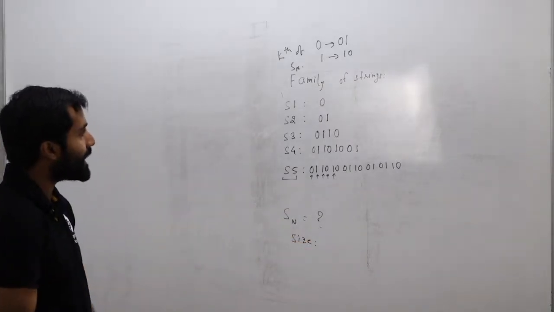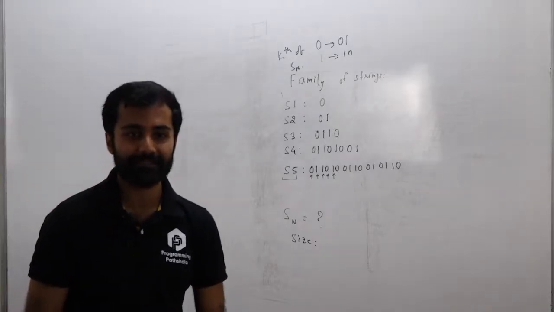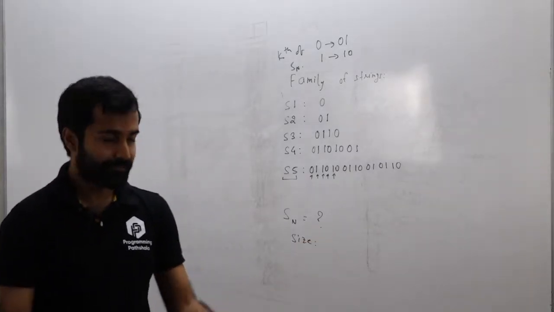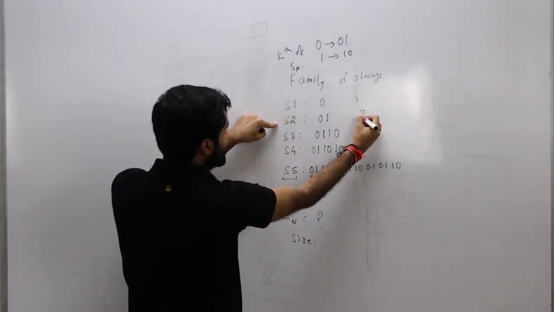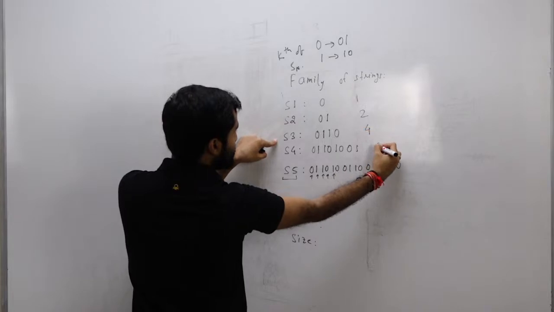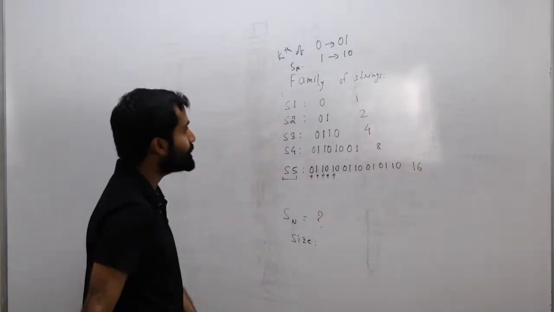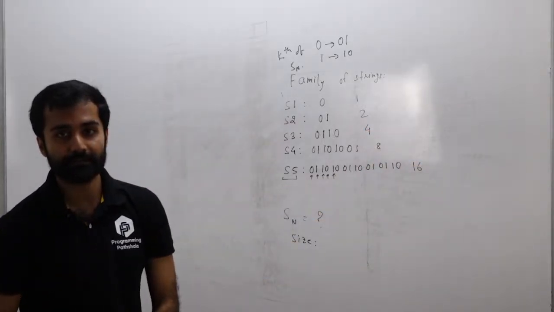What will be the size of the nth string? It's very easy. The size of the first string is 1, the second string is 2, this is 4, this is 8, this is 16. So do you see a pattern?